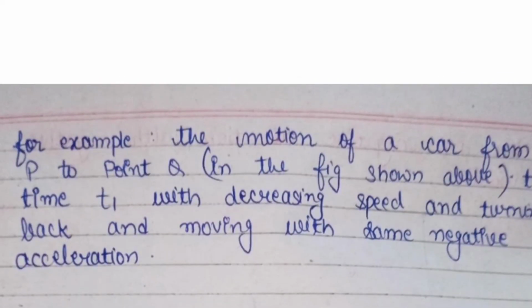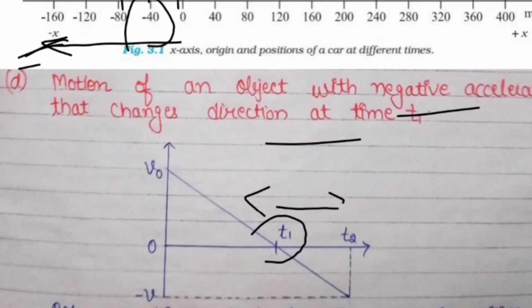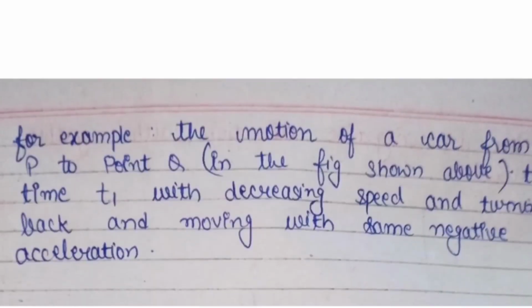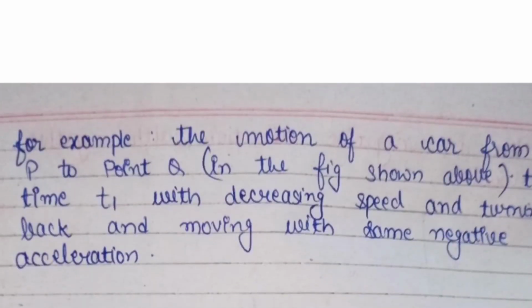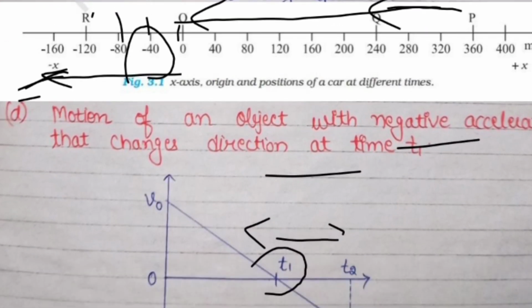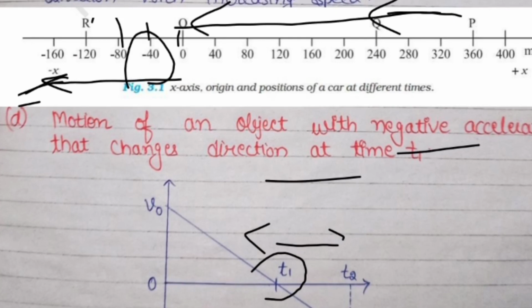For example, motion of a car from point P to point O is constantly reducing. Then till time t1 it is decreasing speed.